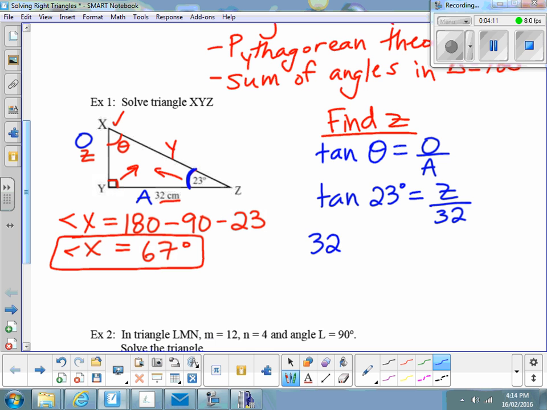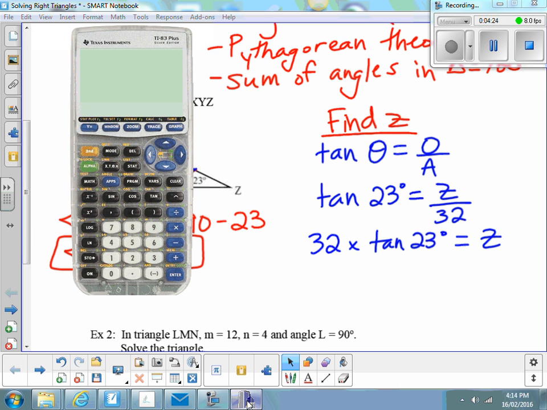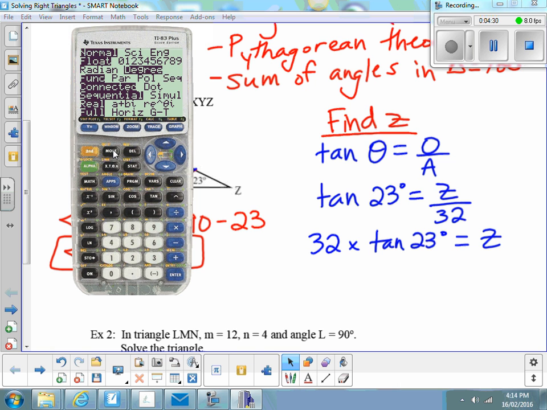So to solve for Z, I'm going to do 32 times tan 23. So on my calculator, let me just add in degrees, that's good.